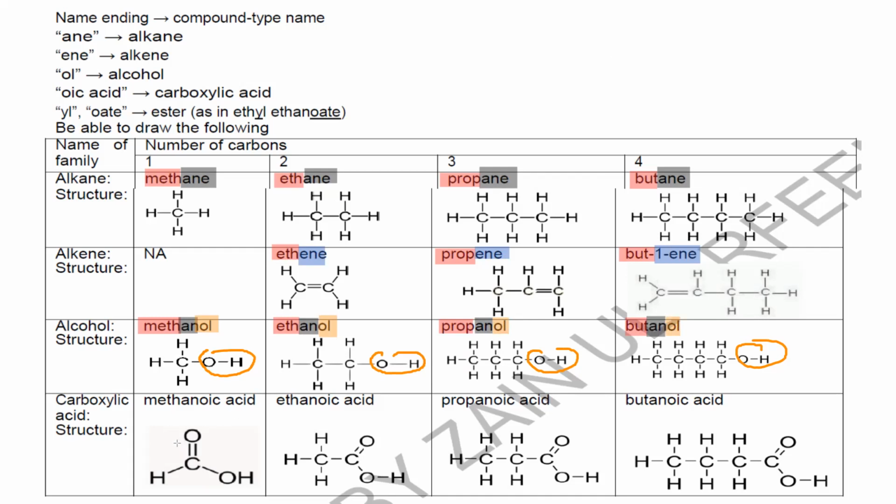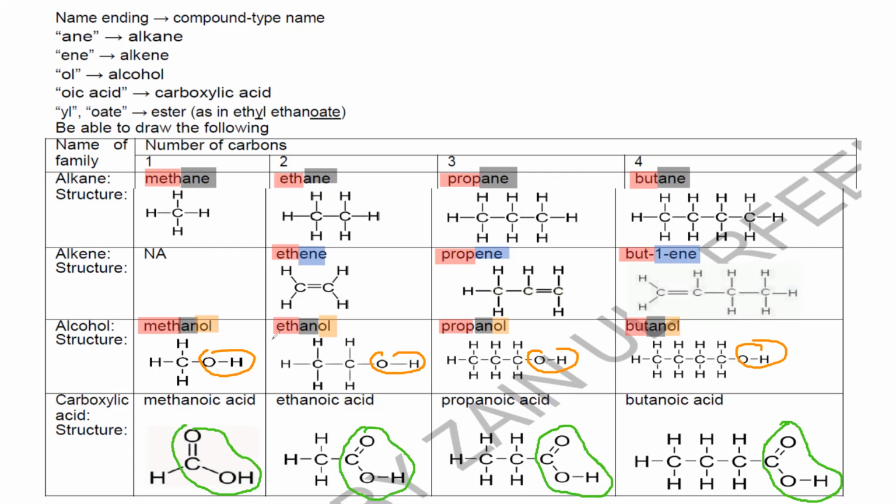And the last one, like if C double bonded with O and OH group is there, as you can see, all of them have C double bonded with O and OH. Here also, C double bonded with O and OH. So if C double bonded with O and OH group is there, then it is called a carboxylic acid. So how to name carboxylic acids? We count the carbon atoms. This is having one carbon.